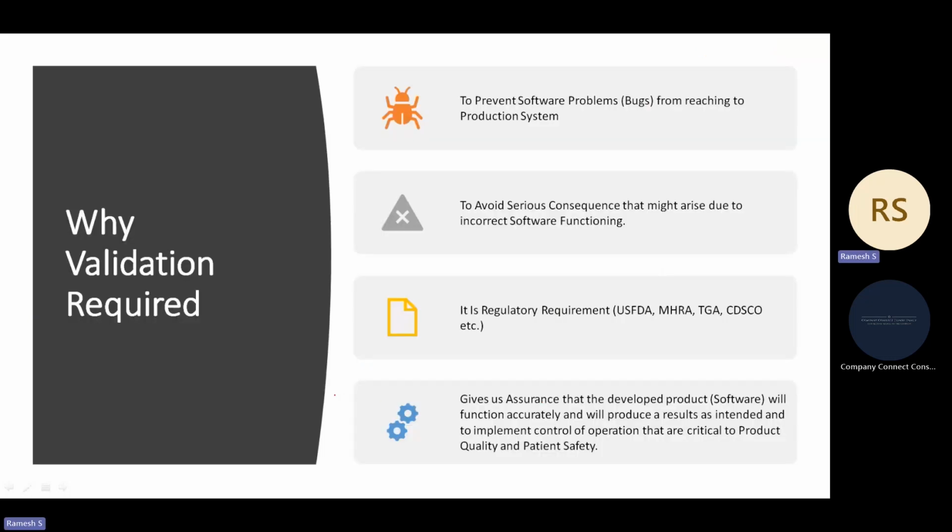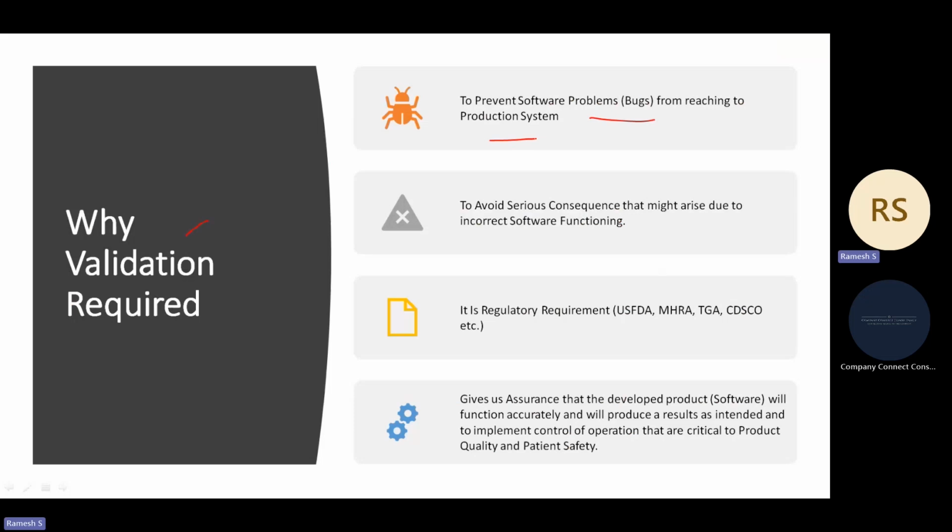So now we are performing computerized system validation, but why should we perform validation, why is it required? Majorly there are four reasons we should perform computerized system validation. The first one is to prevent software bugs from reaching the production system.